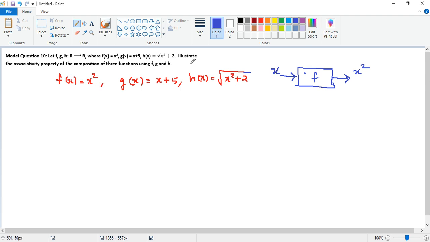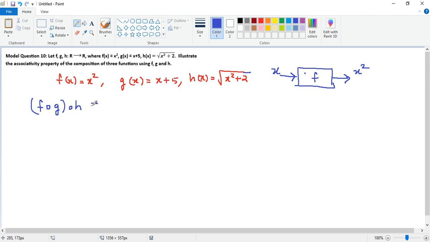Now we are asked to illustrate the associative property of composition of three functions. Associative means you can do the function composition in any order. Which means you can do f o g first, and then compose with h.